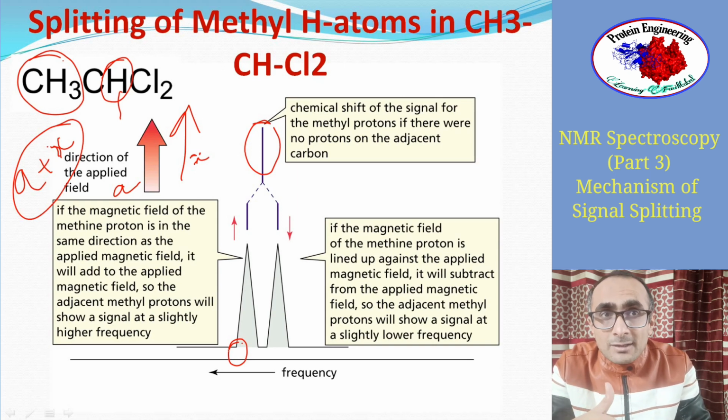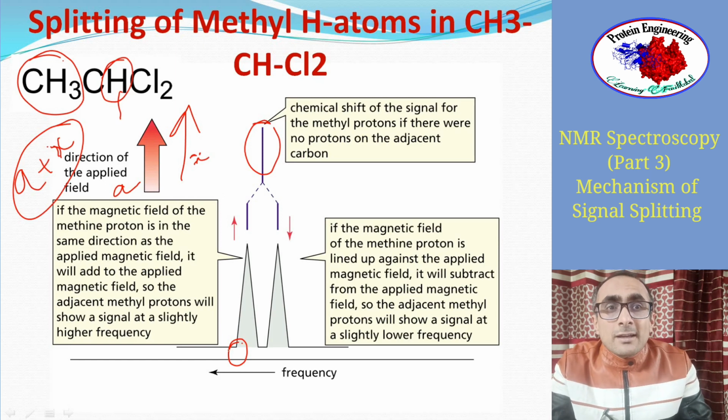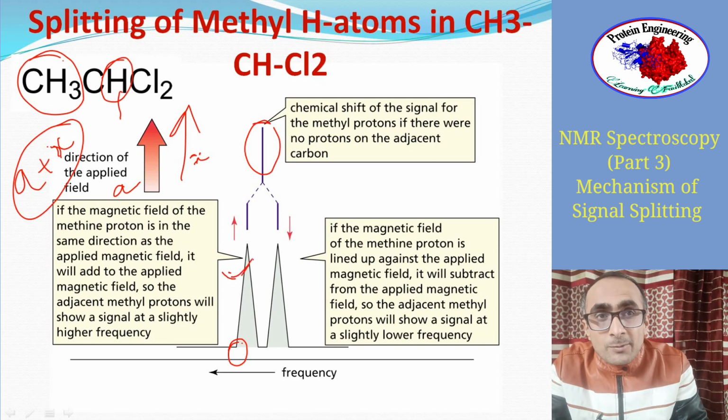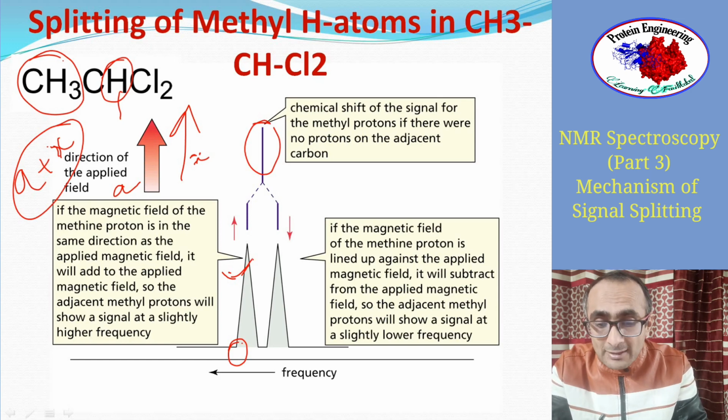Magnetic field is a vector quantity, and if the magnetic field of the CH proton is in the same direction as the applied magnetic field, the CH3 protons will have an additive effect. They will feel more magnetic field, and that's why they will absorb high frequency in order to resonate. So you get a peak here. This peak represents when the methine proton magnetic moment is aligned in the same direction as the magnetic field applied in the NMR machine.